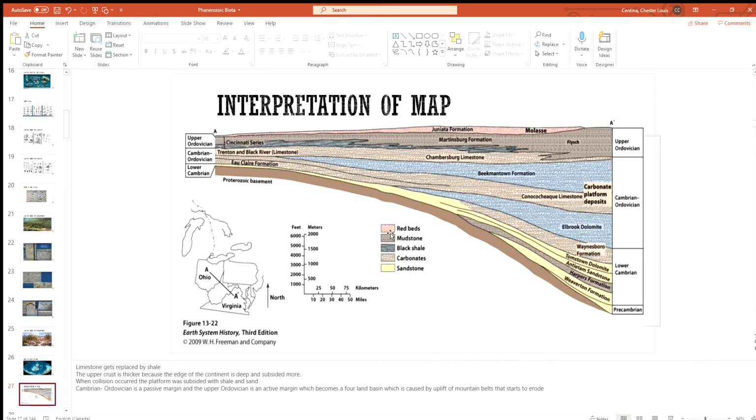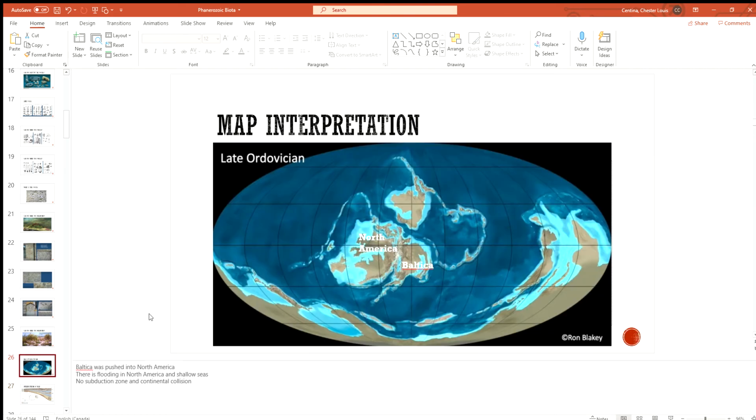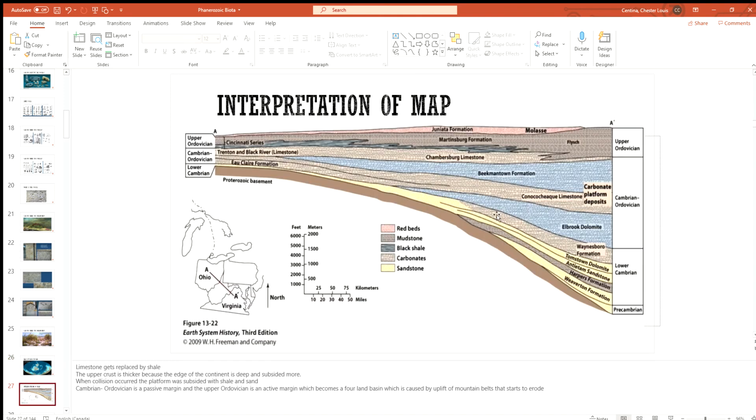So, interpretation of this. You see that this right here is the limestone, and then most of it was replaced by the shale because of the collision from here. So when that happens, shale and sandstone replace this and go over it.